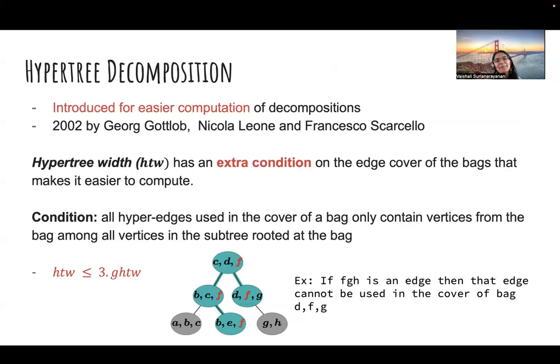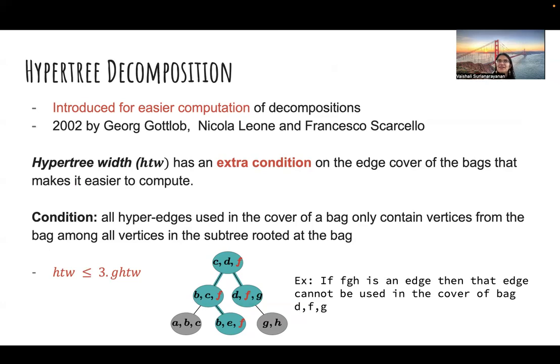Okay, so what are hypertree decompositions? This notion of hypertree width was introduced by Georg Gottlob, Nicola Leone, and Francesco Scarcello. It was in fact introduced in the database context because these decompositions are very helpful for databases and CSPs, mainly for query evaluation in databases.